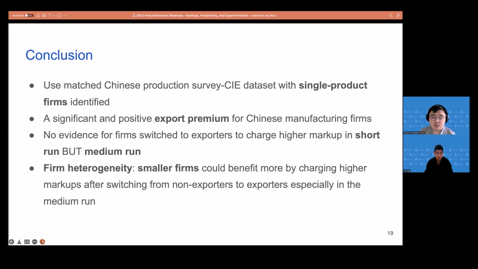We found that the Chinese manufacturing firms enjoy a more significant export premium when we condition on the physical productivity compared with the revenue-based productivity. Then we show that the smaller firms, whether we use the sales income or employment as a proxy, which switch from non-exporter to exporters, could charge higher markups in the medium run when we compare with the short run.